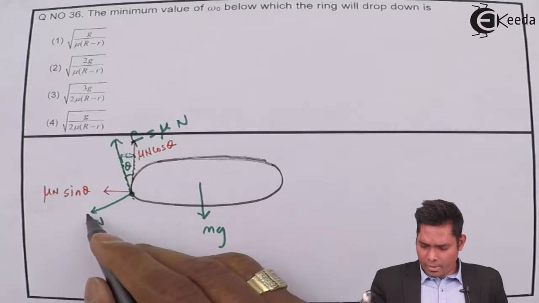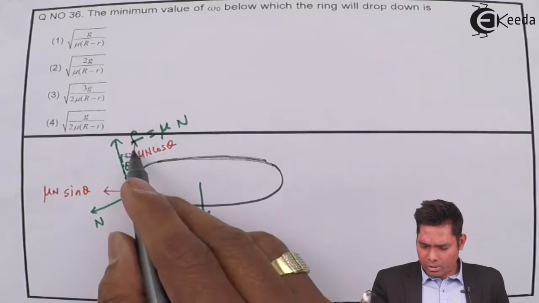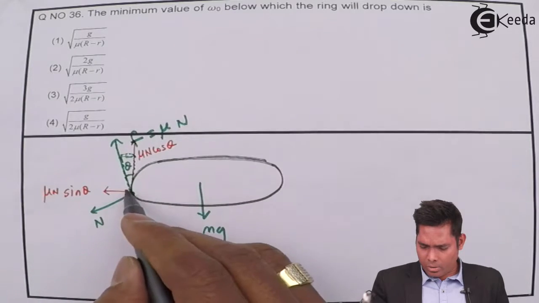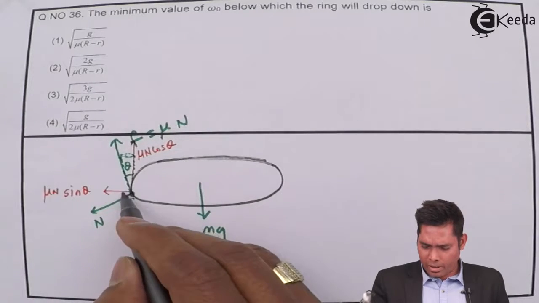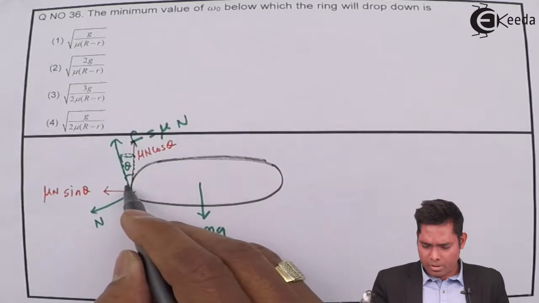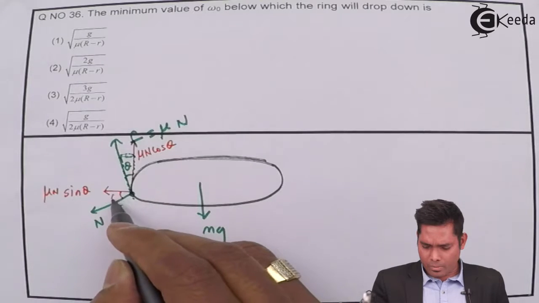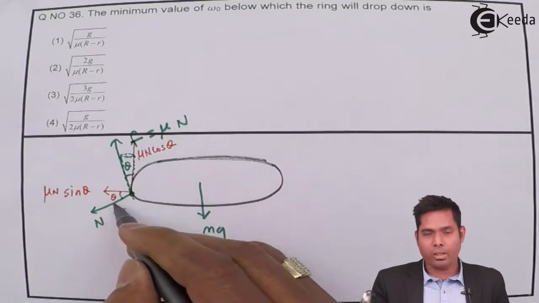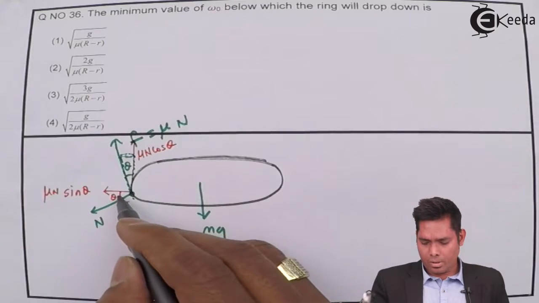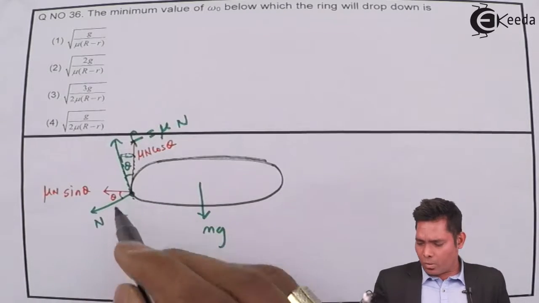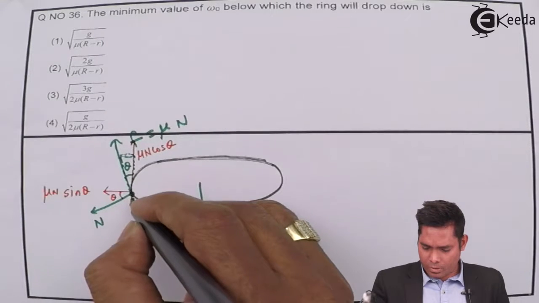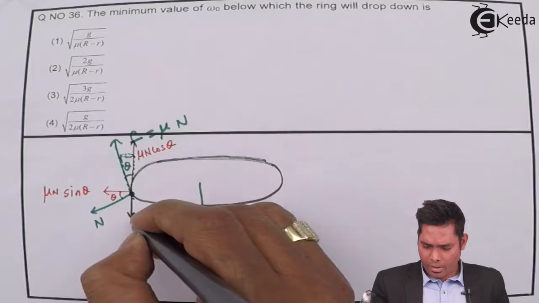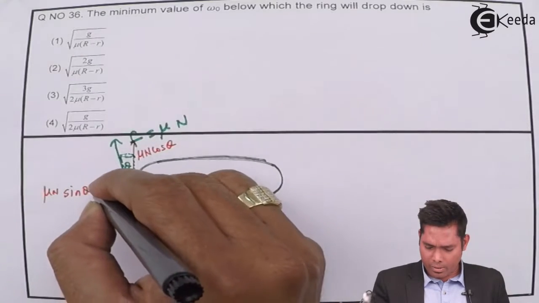This is our N, this is theta, this is 90, this is also 90. So if this is theta, this is 90 minus theta. If this is 90 minus theta, this would be theta, because these two are 90. Now this N is resolved into two components, one along this line and another along this line.